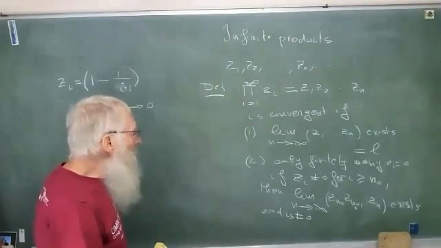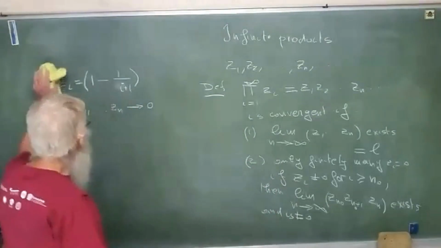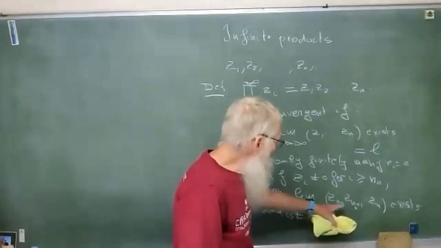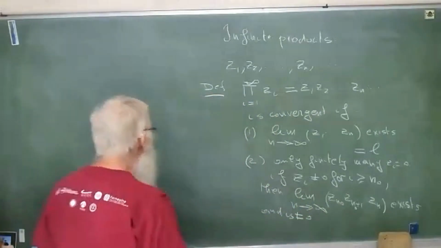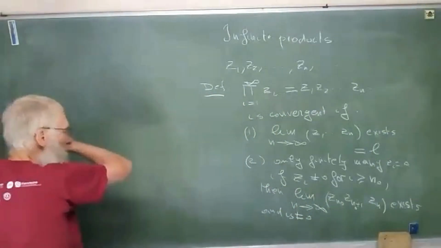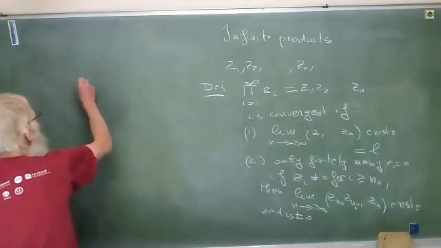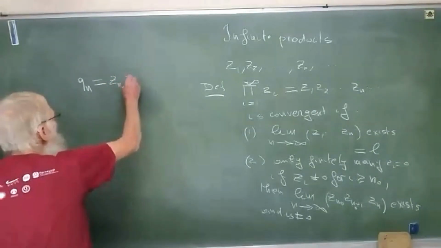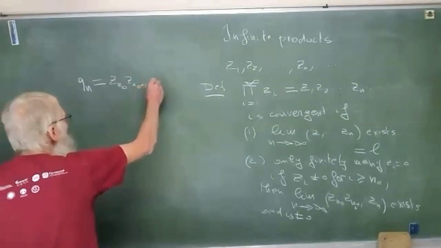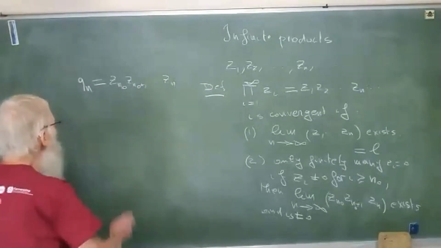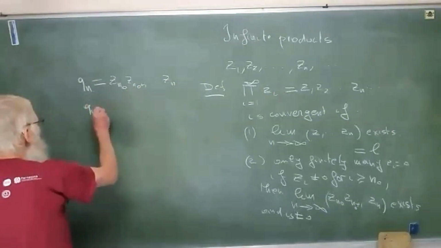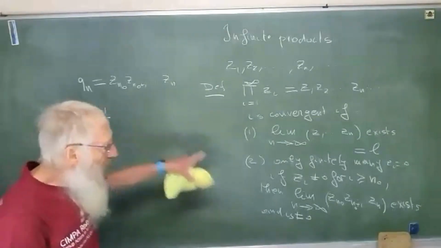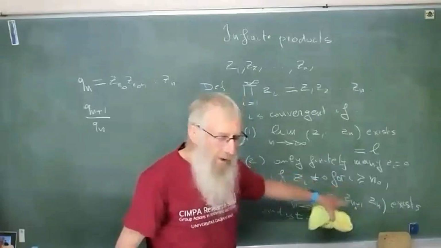But before that, I want to make some comments on this. We have this limit which exists and is not 0. So if you define, say, Qn equal Zn0, Zn0 plus 1, up to Zn, and if you look at Qn plus 1 over Qn, this number is not 0 because Zi is non-zero for i greater than n0.